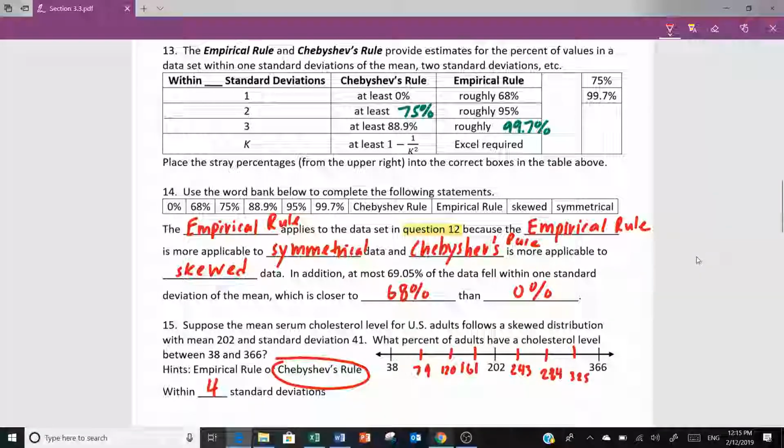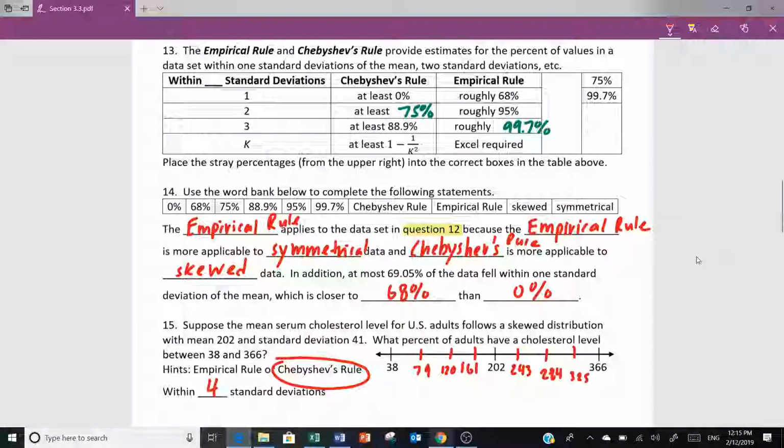If we just look at 202 to 366, that's the 4 standard deviations above, but it's no longer symmetrical, which is why we can't take the percentage of the value and divide it.